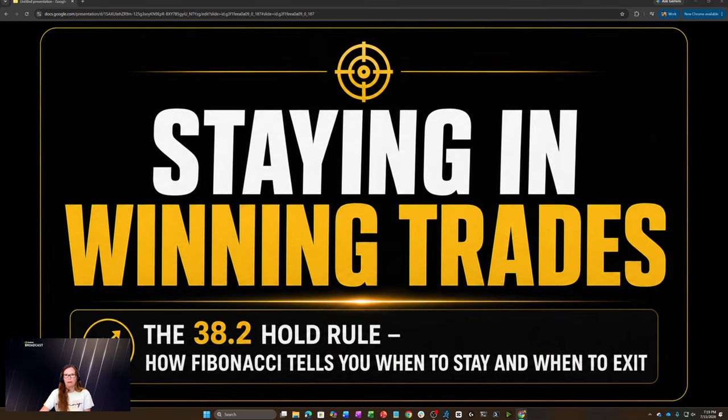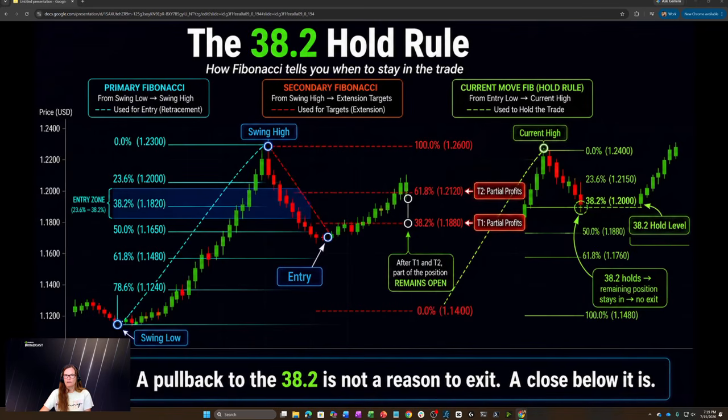All right. This is a section that I think is the most underappreciated of everything I'm going to cover today, because most traders know how to use Fibonacci for entries, and you might even know how to use it for targets, but very few know how to use it in the middle of the trade for staying in. Here's the rule.